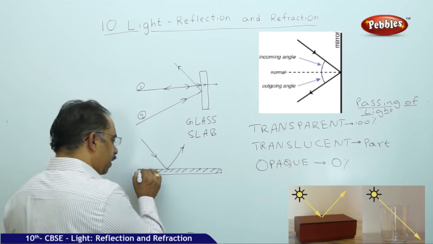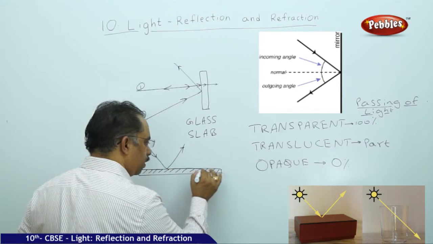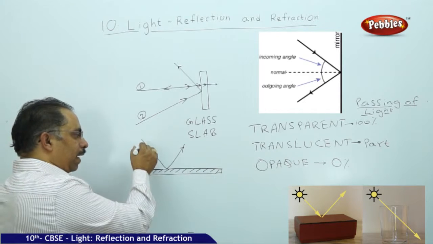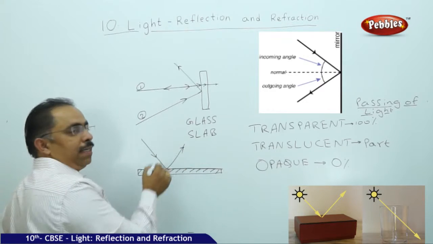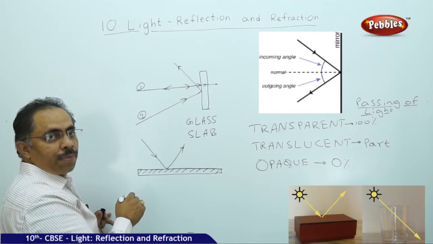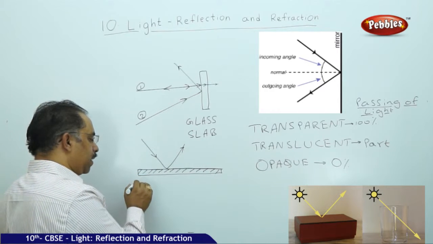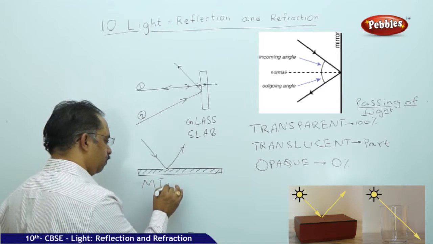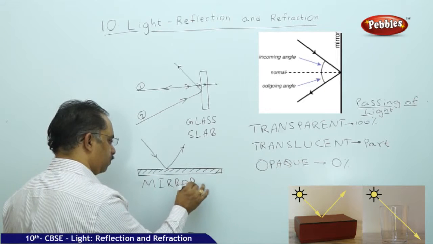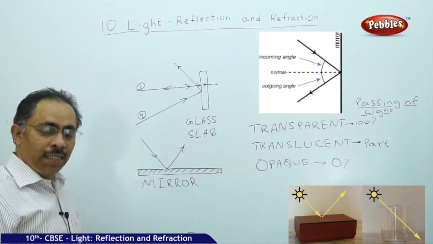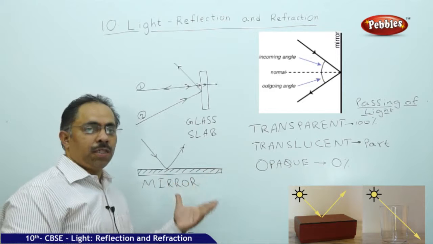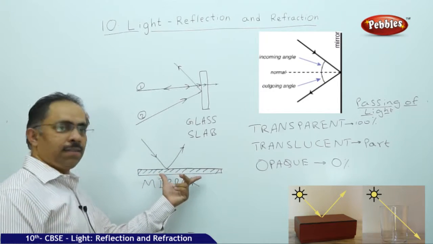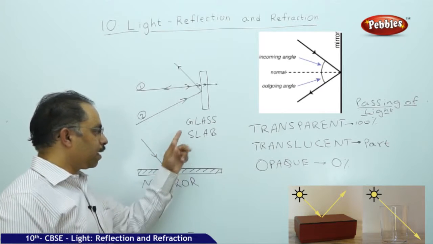Now this surface here, whatever I am drawing, is a smooth, plane surface. Whatever light is incident, if it is completely bounced back, then I can call this material a mirror. So it will be 100% smooth.